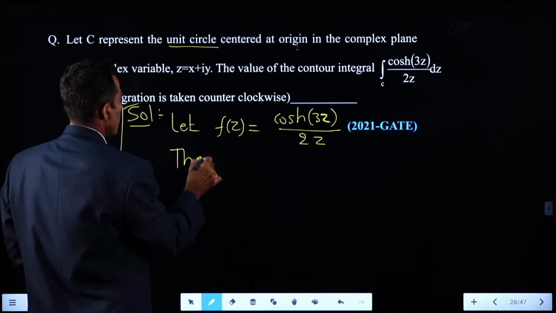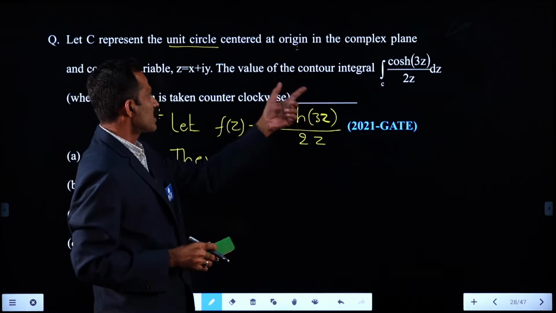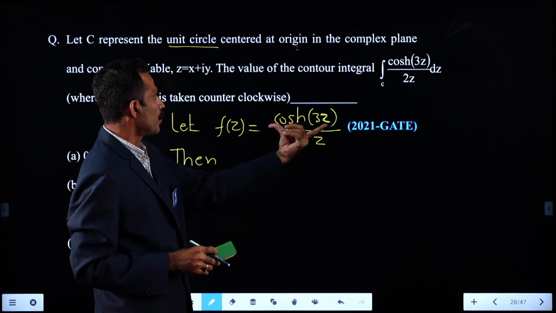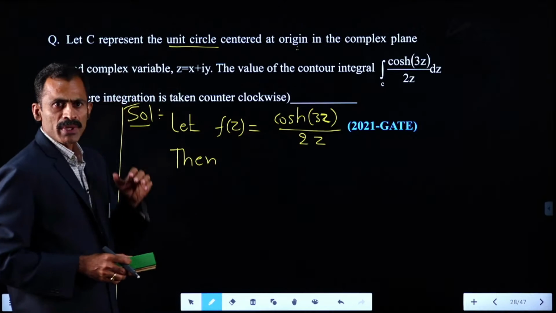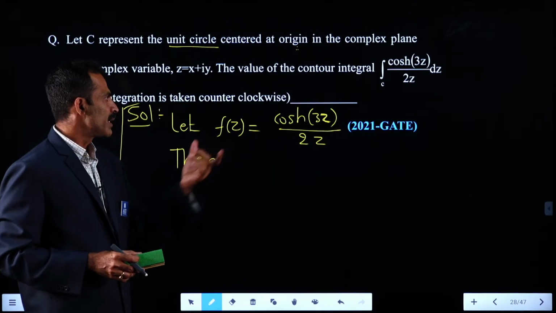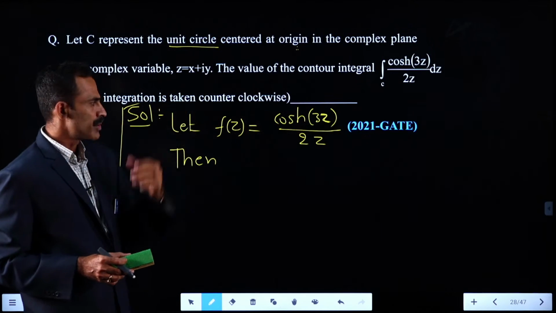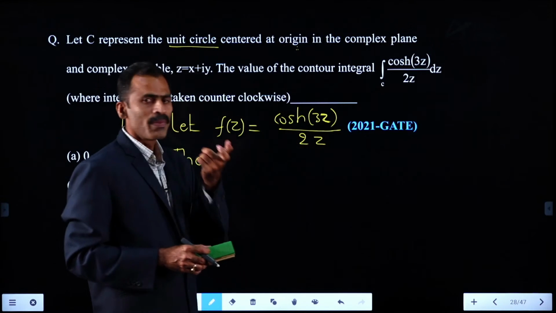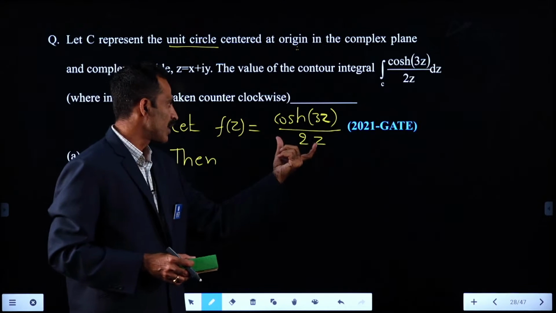Next, the singular point. This function is in the form of something by something. The numerator is cos hyperbolic, which is one of the standard functions and is analytic at every point. In the denominator, 2z is a first order polynomial, which is also analytic at every point.